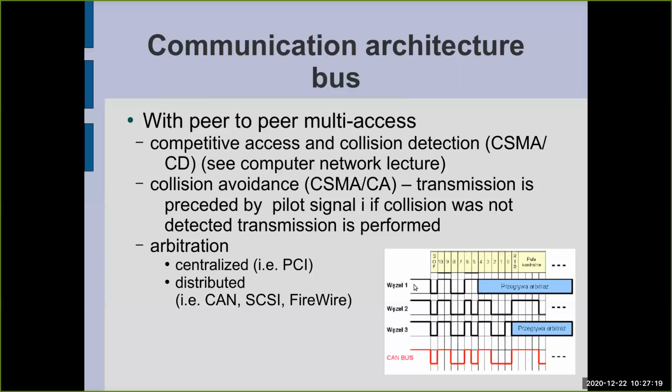Okay, so what happens? When a particular node transfers data, it also reads the state on the bus. So it verifies whether the state on the bus is the same as the state it is intended to be. Yeah? So if it sends a 0, but it observes 1, it means that there is another node which transfers data at the same time.